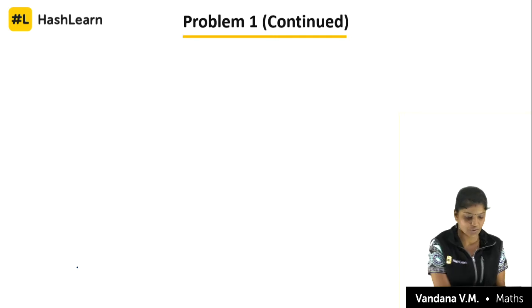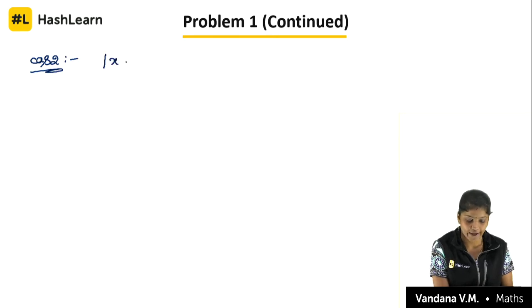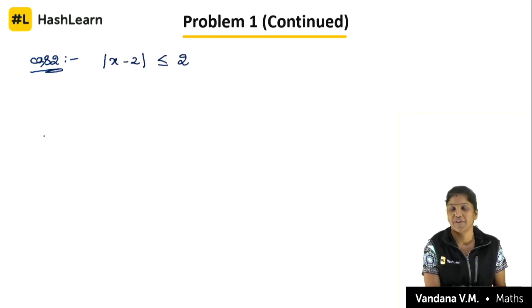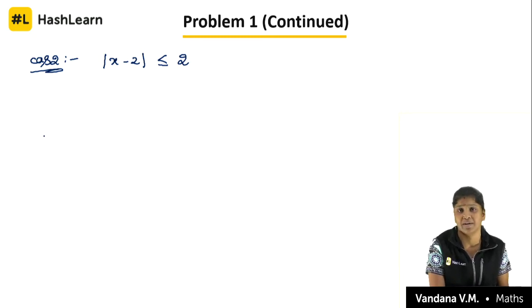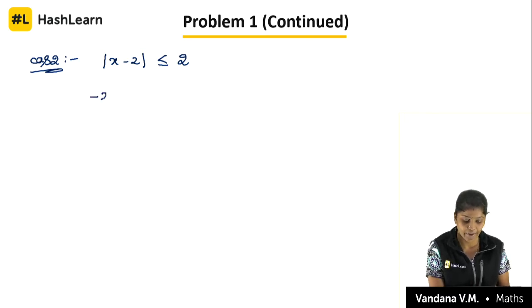So, what is case 2? Yes, mod x minus 2 is less than or equal to 2. Whenever you have less than or equal to on your right hand side, you can expand directly. That is minus 2 less than or equal to x minus 2 less than or equal to 2.